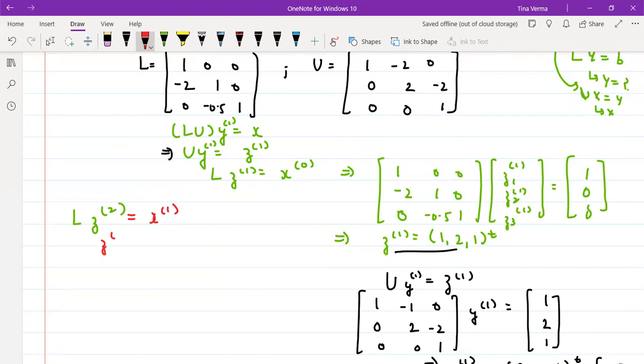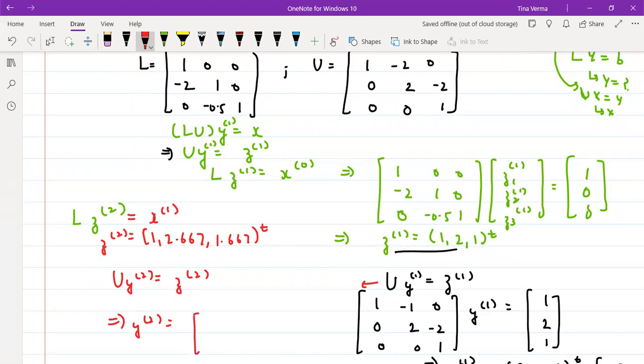When you perform the operation, z2 will come out to be 1, 2.667, 1.667, transpose. Then when you perform this iteration, that means Uy2 equal to z2, y2 will come out to be 4, 3, 1.6667.